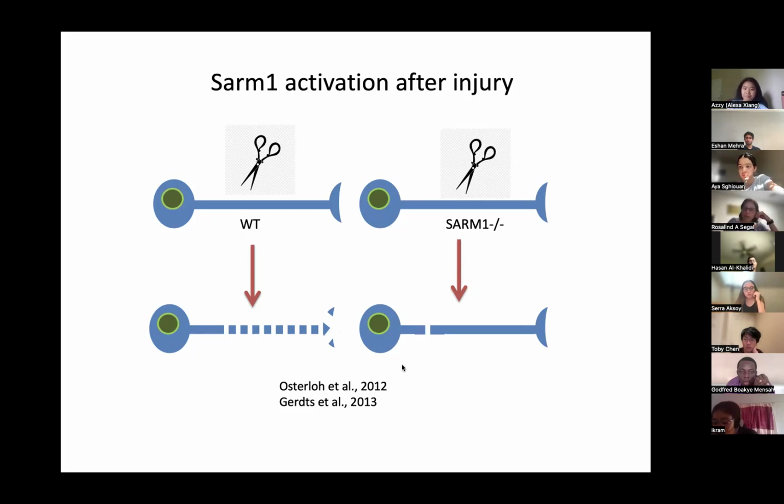But about 10 years ago, two labs, one at WashU and one at UMass, showed that there was a mutation you could make in cells, in mice, in flies, in whatever. In cells with a mutation in this protein called SARM1, when you cut the axon, the distal part of it does not degenerate.